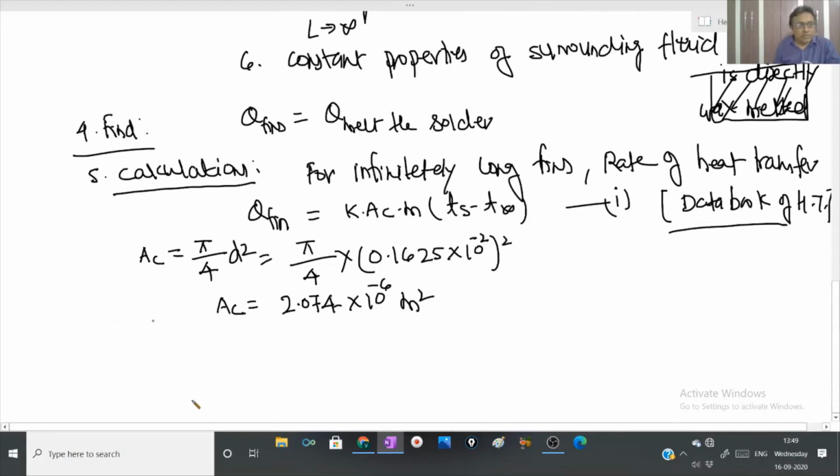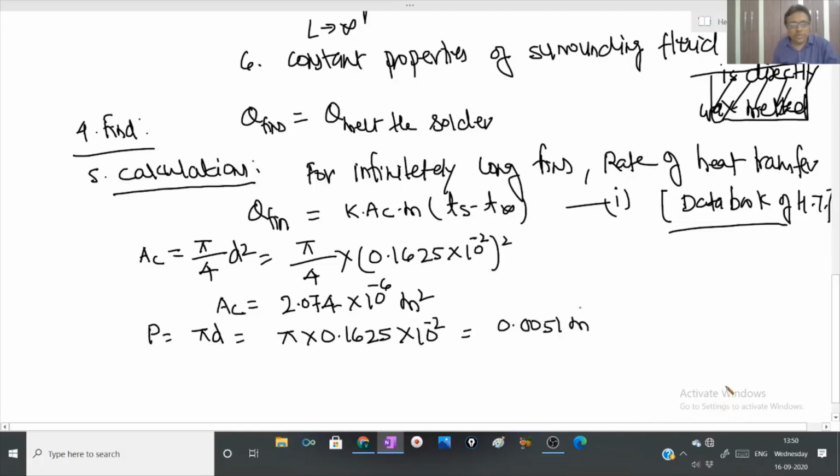Then the perimeter of cylindrical shape is pi d, pi into 0.1625 into 10 to power minus 2, which comes out 0.0051 meter.